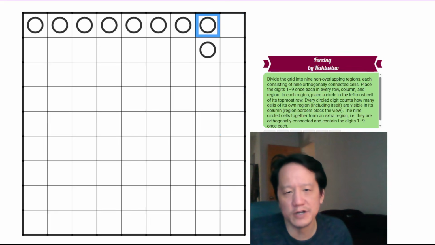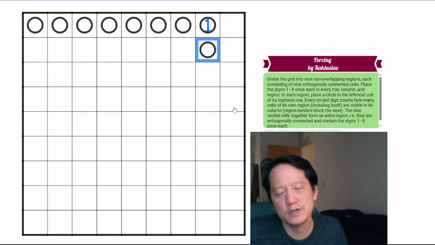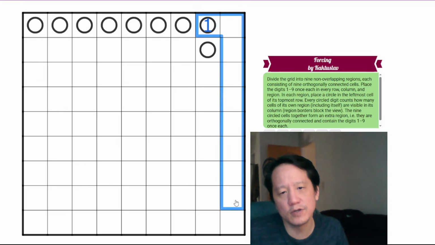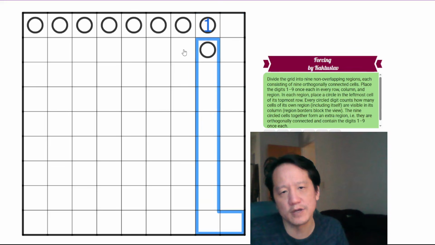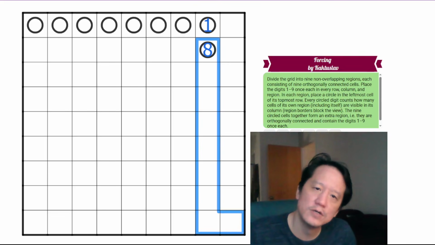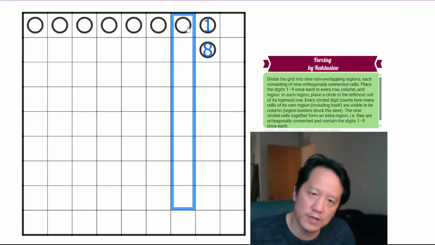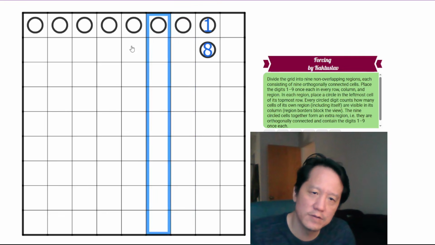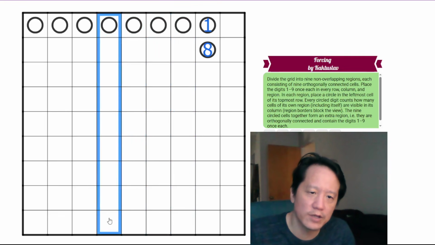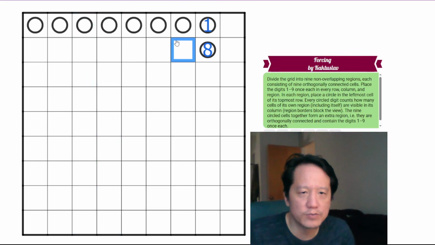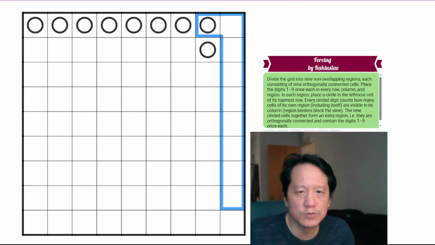This would be a 1, obviously. This would then have to go here, so this would be 8 going that way. So that is possible. But then these have to be straight lines, right? There's no other way they can break out. And then therefore these would all be 9. So it cannot do that.